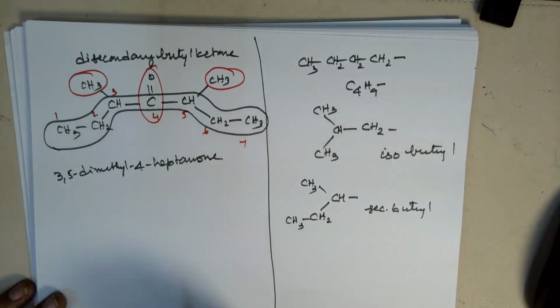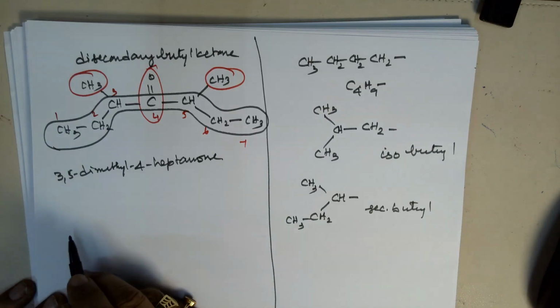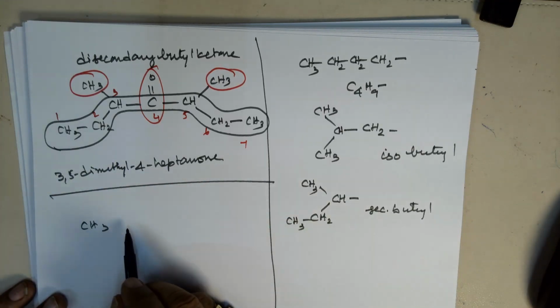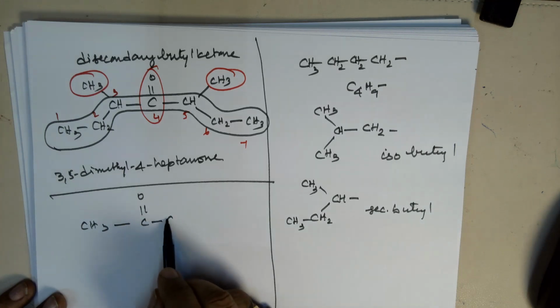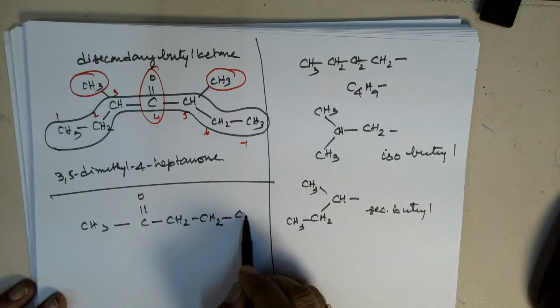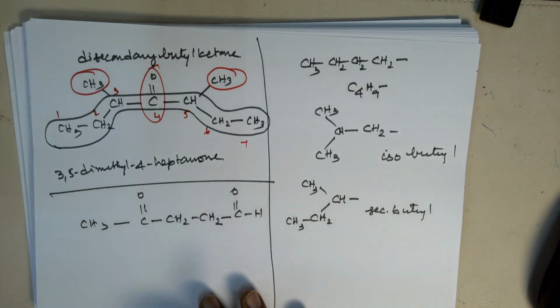Now let me write a structure. You have to name it. CH3, C double bond O, CH2, CH2, C double bond O H. Can you give me the name?